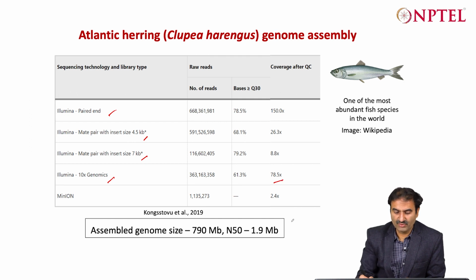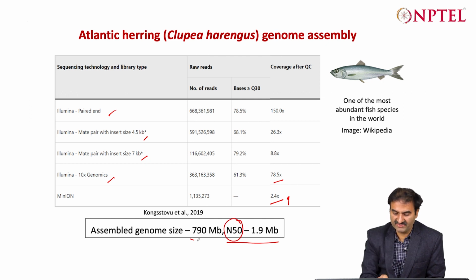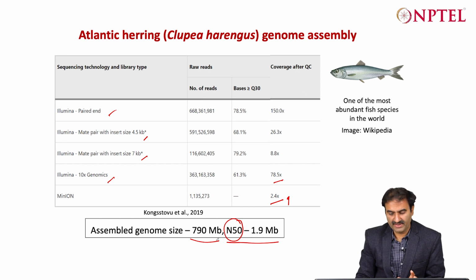In total, using paired end, mate pair, 10x, and MinION, which was only 2.4x and should be more to get even better quality, they still got about 2 million base pair N50, which is a good number. The assembled genome size in this case was 790 MB.